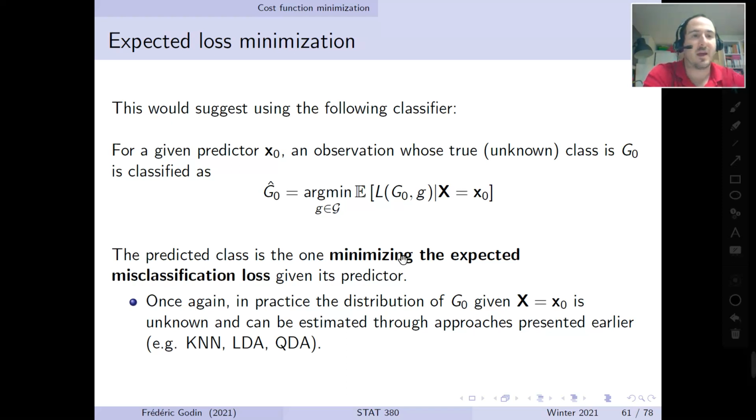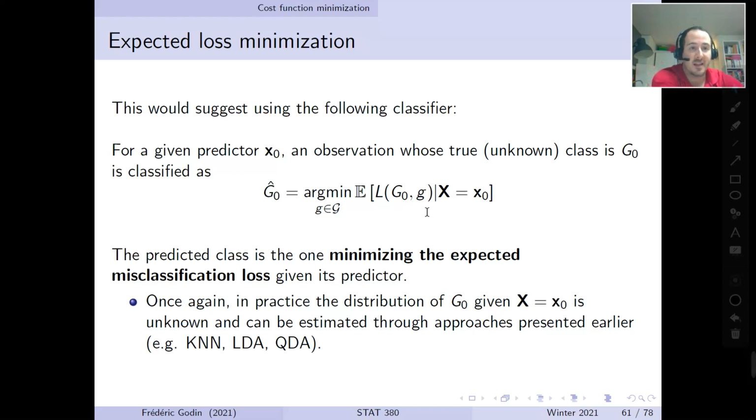If we have a new observation x0 and we would like to classify it so as to determine its class G0, what we could do instead is to select G0 hat as the class which would minimize the expected cost of misclassification given the current value of the predictors. Here, G0 is the true class of the observation, and the small g is the class into which we're going to classify the observation.